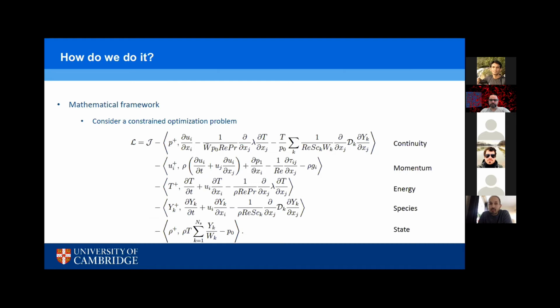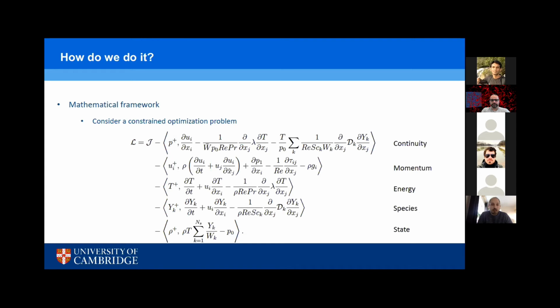It gets a bit messy, but the only things to note here: I highlight the continuity equation we have there. We have the momentum conservation. We have conservation of energy. I've kept in a conservation of species. There could be any number of species that we're interested in, and the entire system is constrained by our equation of state.